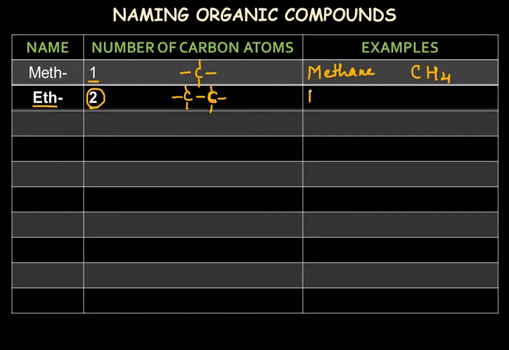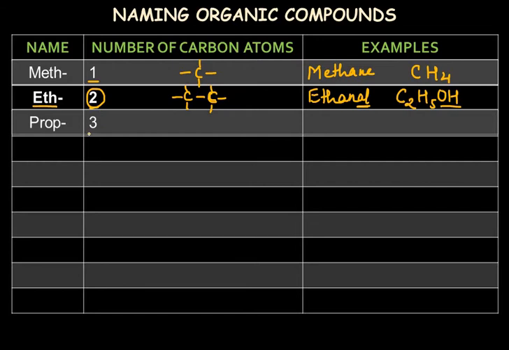For example, ethanol has 2 carbon atoms, so C2, and the other hydrogen atoms will be H5OH. Now ol means alcohol, so we have an OH group in it.